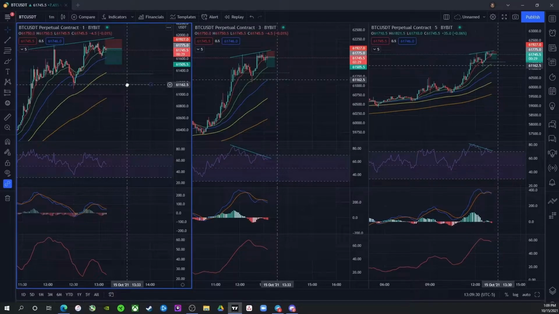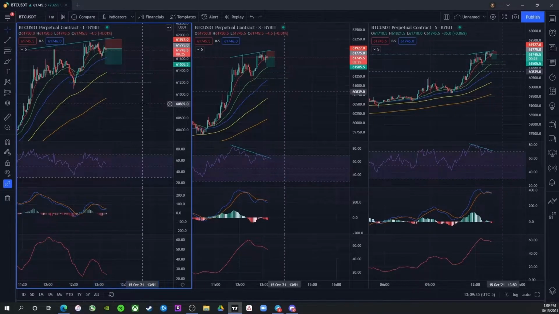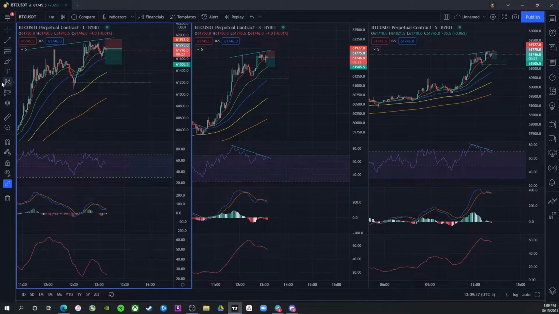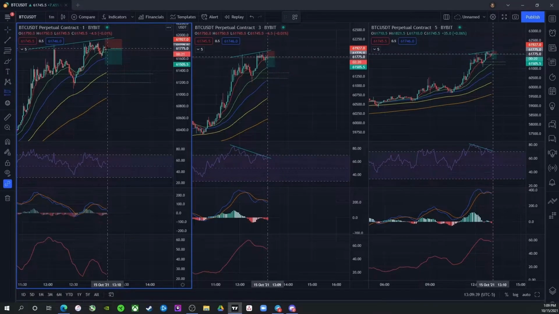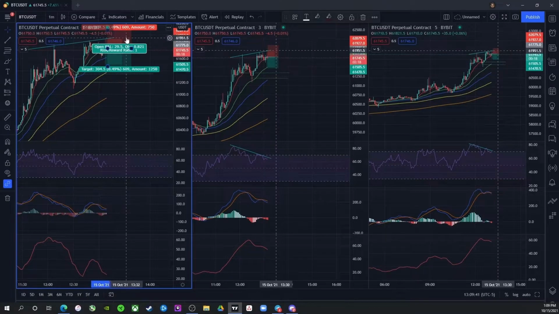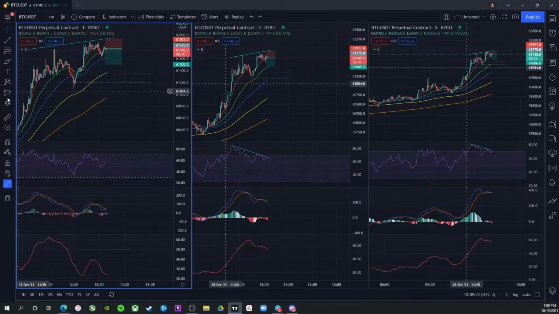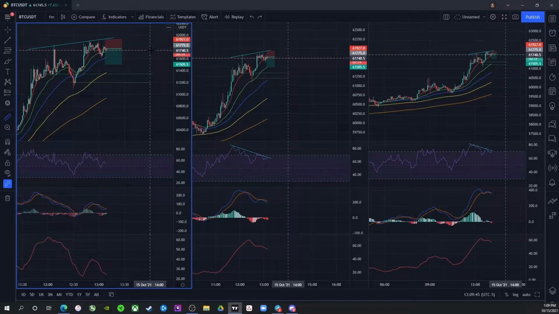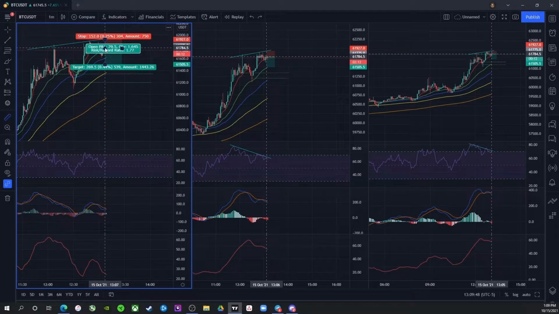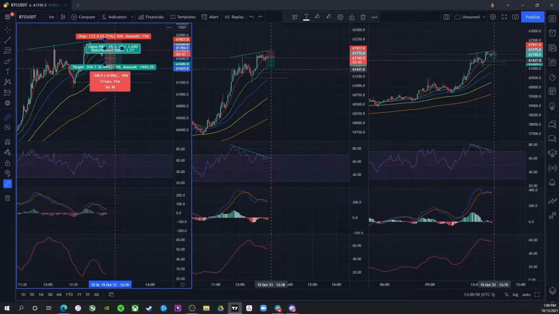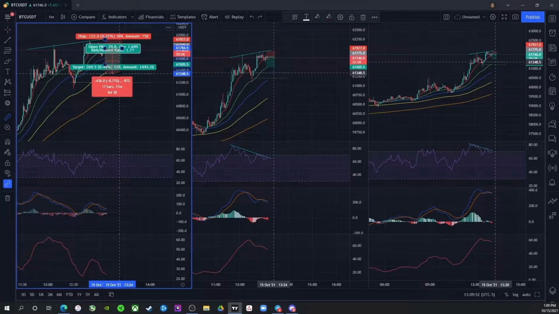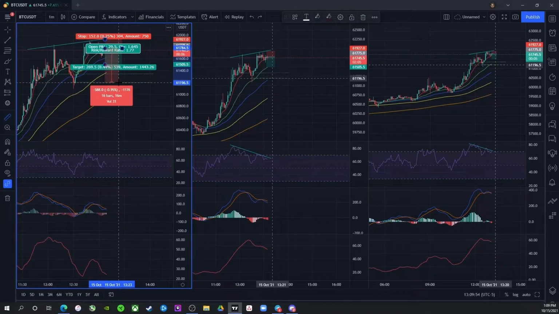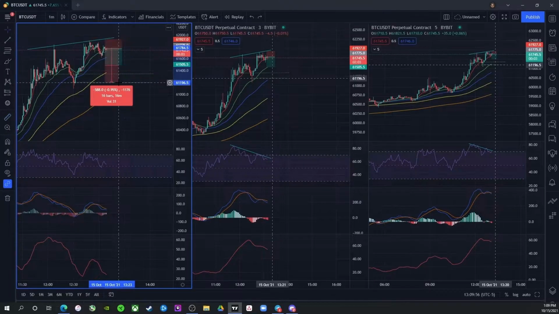If you bring it all the way down, it could still be hit and it's a greater percentage, but here there's a better likelihood of it being hit. Now from our entry, to TP2 would be 0.71%, and to TP3 would be 0.95%.